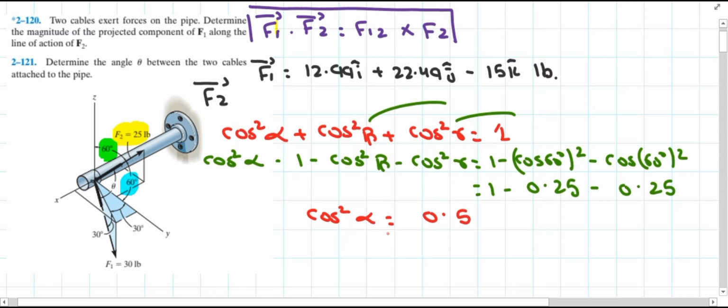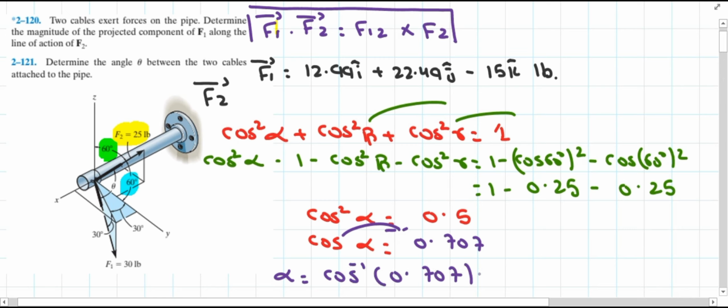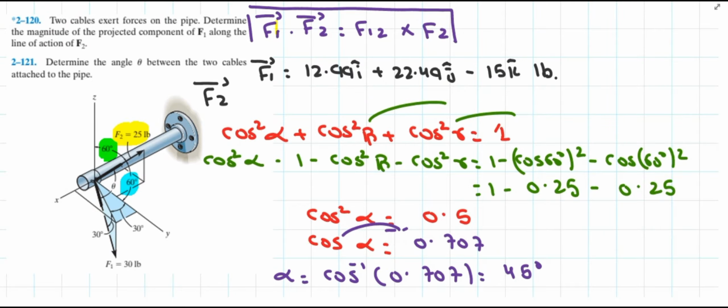Now take the square root of this expression, so cos alpha is equal to 0.707. Shifting cos to the other side, it becomes cos inverse, so alpha is equal to cos inverse 0.707, which is 45 degrees. So the value of alpha is 45 degrees, and it is the angle between the force F and the positive x-axis.